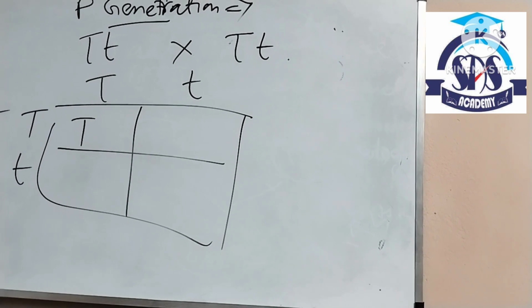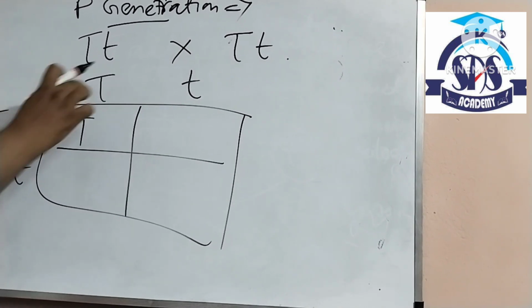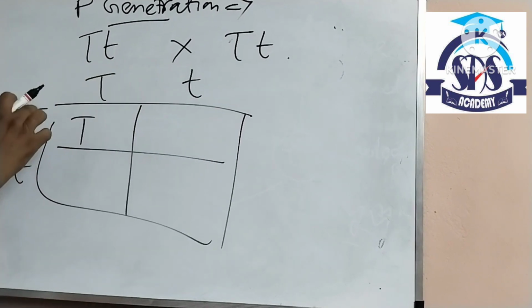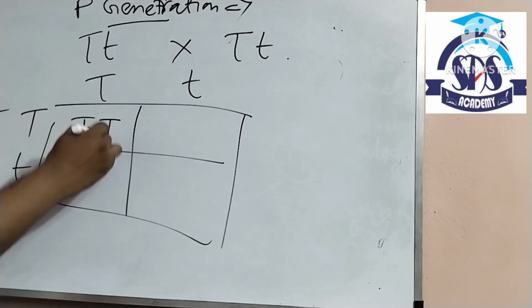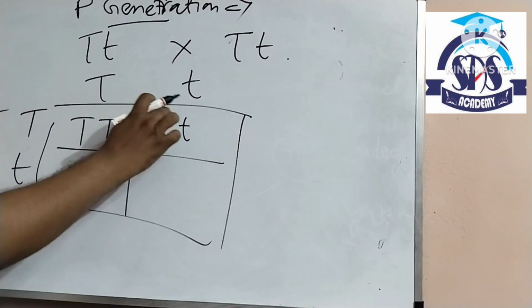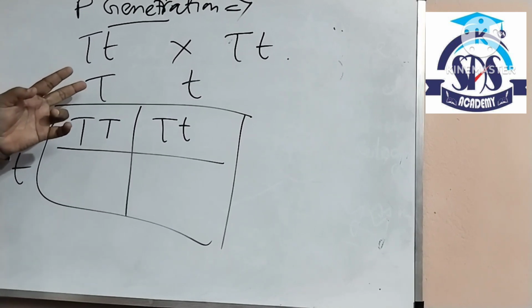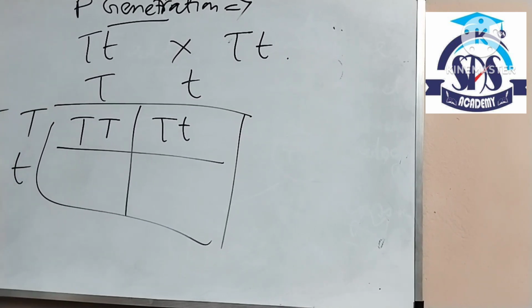There are some rules. Each gamete is always multiplied with the two others. First capital T multiplies with capital T, and capital T with small t. There is a very important thing: in the character height of the stem, there are two alternating alleles. One is tall, another is dwarf.